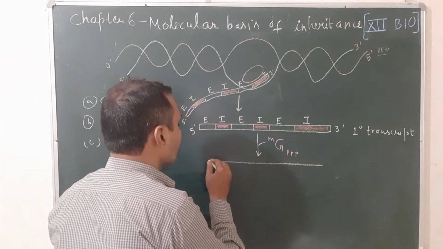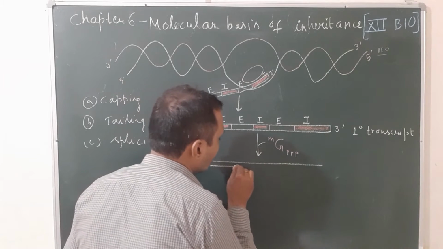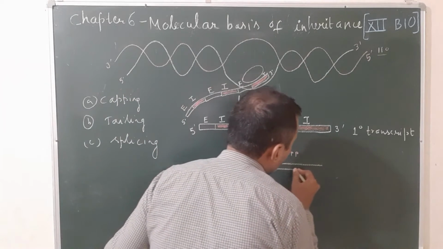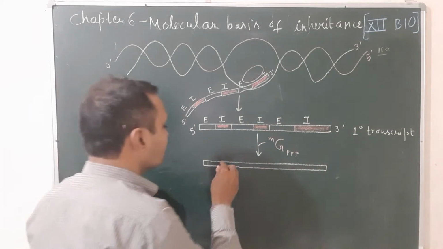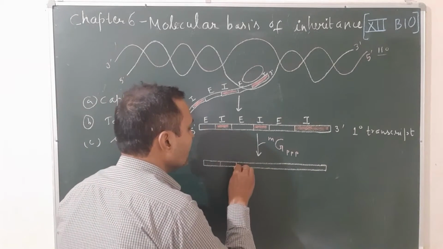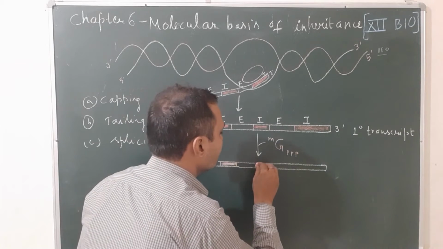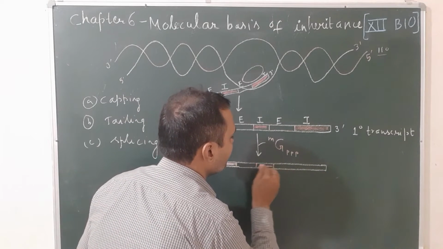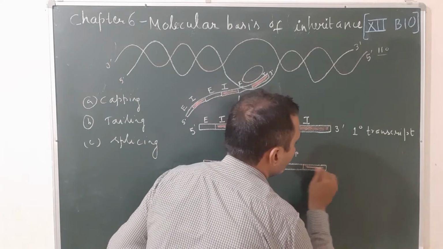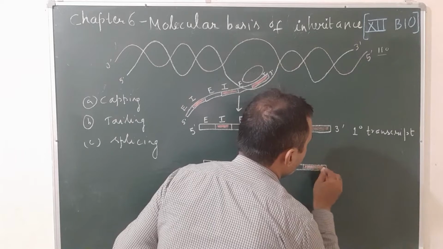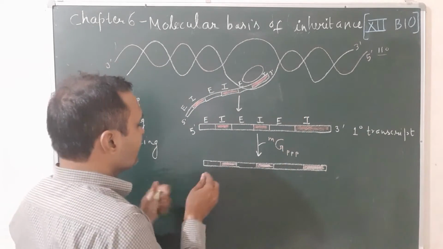So let us see capping. You will add this methylated guanosine triphosphate to the 5' end of the eukaryotic mRNA first. The rest of the structure will be the same. These are the introns. You will add this methylated guanosine triphosphate to the 5' end.